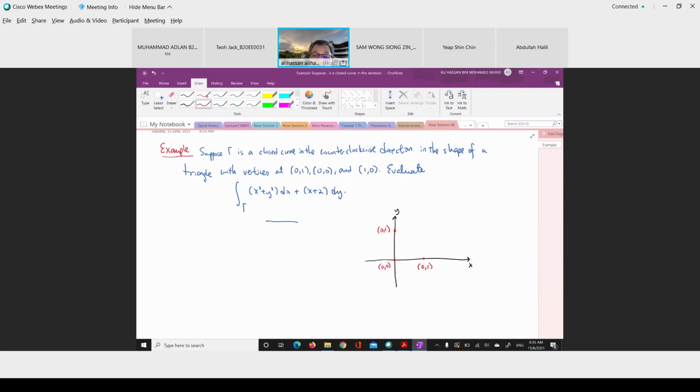So we have this triangle with these three vertices, and it is set in the counterclockwise direction. So the arrow should be in the counterclockwise direction. So this is the curve gamma.